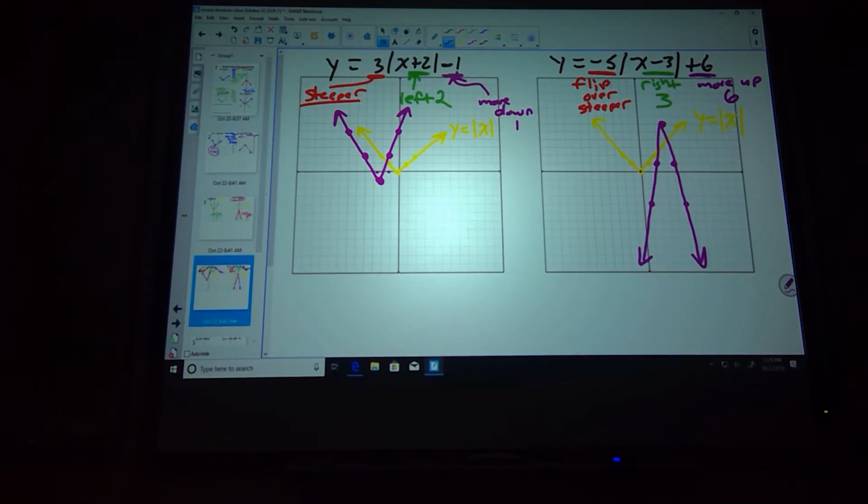The turning point is up 6. The purple one's steeper by a factor of what? What's the number out in front? -5. Yeah, it's steeper by 5. And what's the last thing? It flips, it moved up by 6, it's steeper by 5.